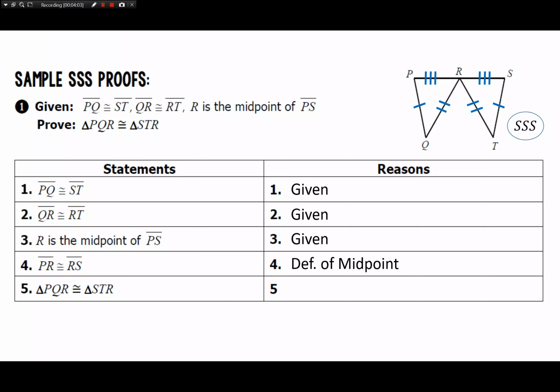Now when we look at this, statements 1, 2, and 4 each give you a side of the triangles. We have all three sides for the theorem SSS proven and written down in our proof. So now we can conclude that the two triangles are congruent by side, side, side.